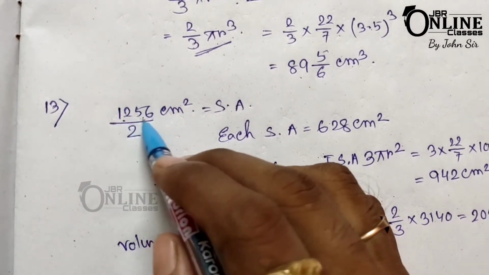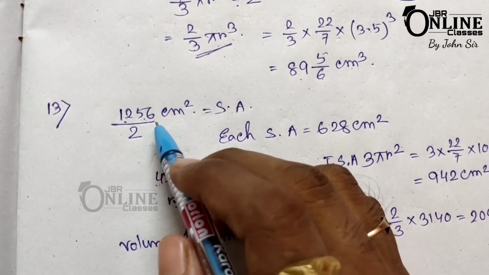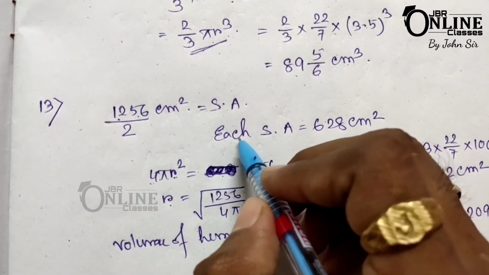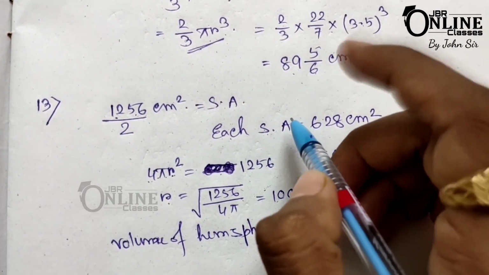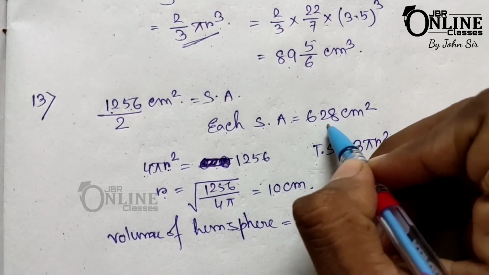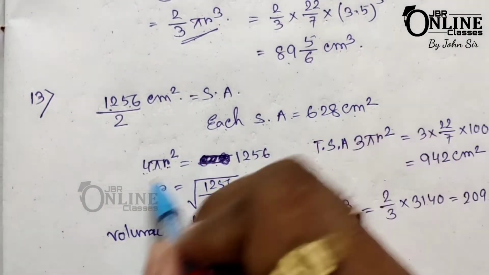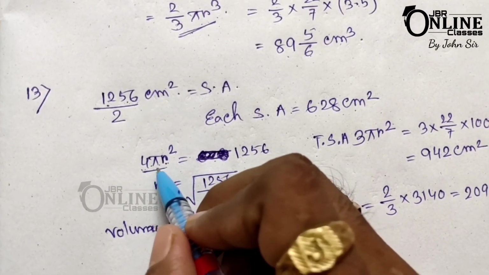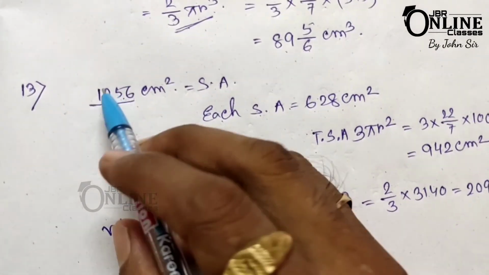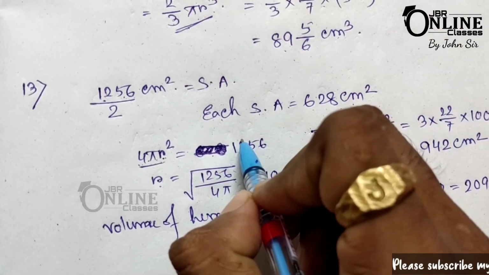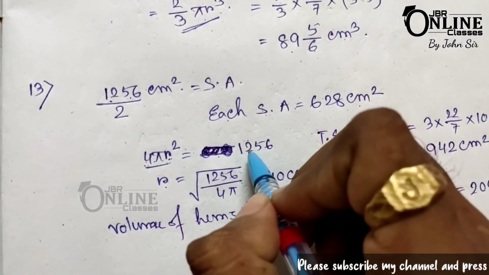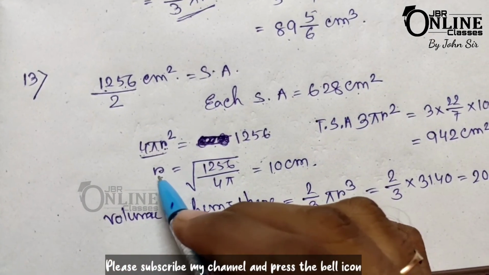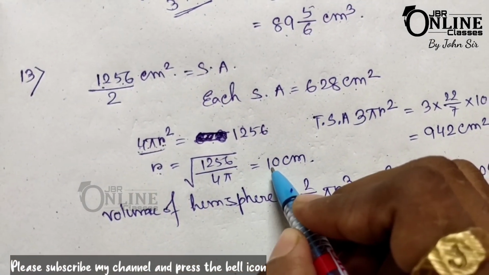After you cut into two hemispheres, each surface area of a single hemisphere equals 628 centimeter square. So according to the problem, 4 pi r square, which is the formula of surface area of a sphere, equals 1256, it's given. So 4 pi r square equals 1256, where r is the radius of that sphere. So here r equals 10 centimeter.